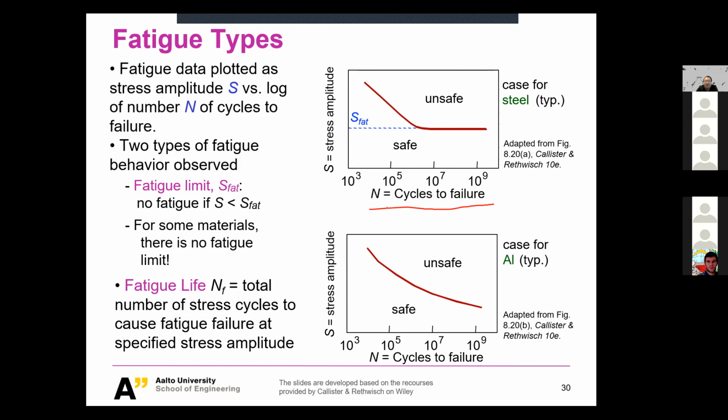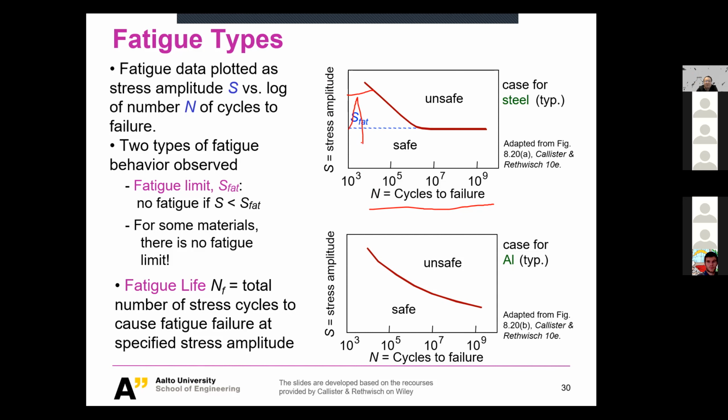But you should imagine this N is always associated with a stress amplitude. So if you apply a high strength, yeah, your N is going to be shorter. If you apply a stress very close to the yield strength, so let's say we go with this stress, and then you start your cycle like this, right?